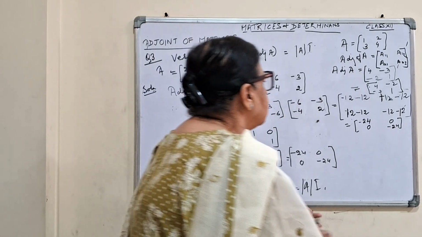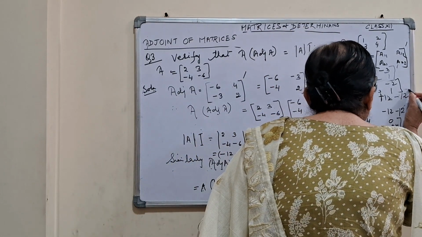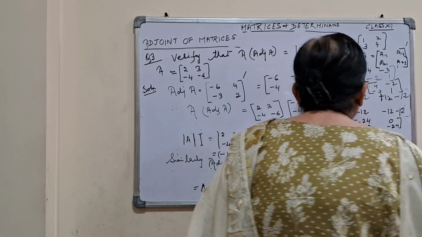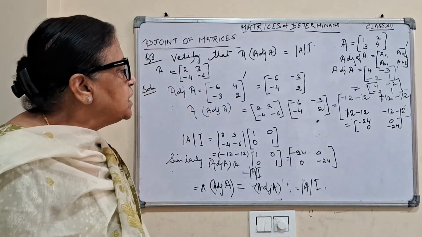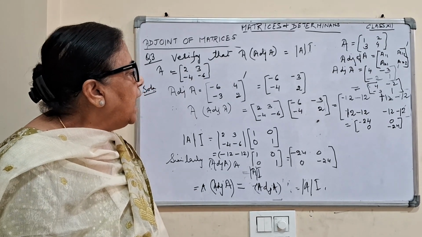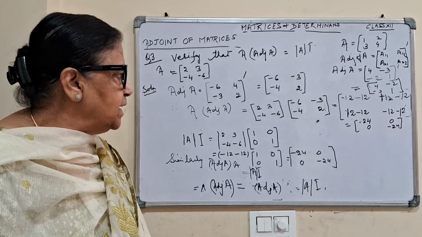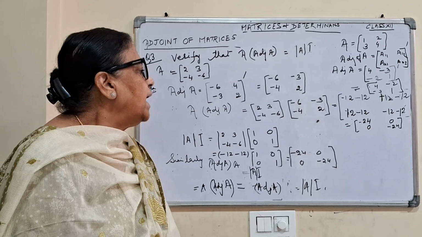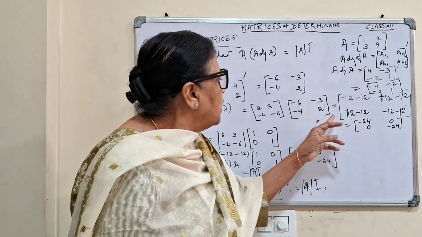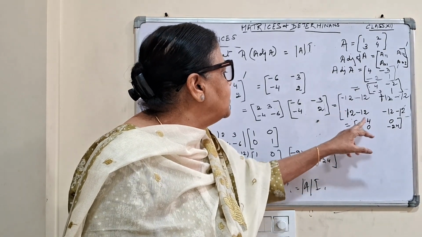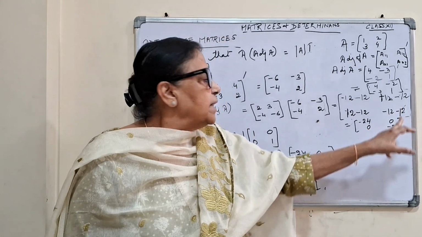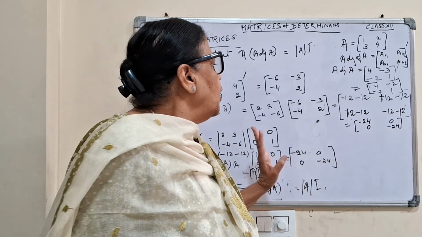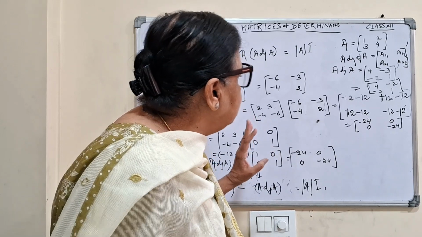So ultimately this will be minus 12, that is 24, and plus 12 minus 12 is 0. And again here plus 12 minus 12 is 0, and here minus 12 into minus 12. That is 24. That is minus 24.